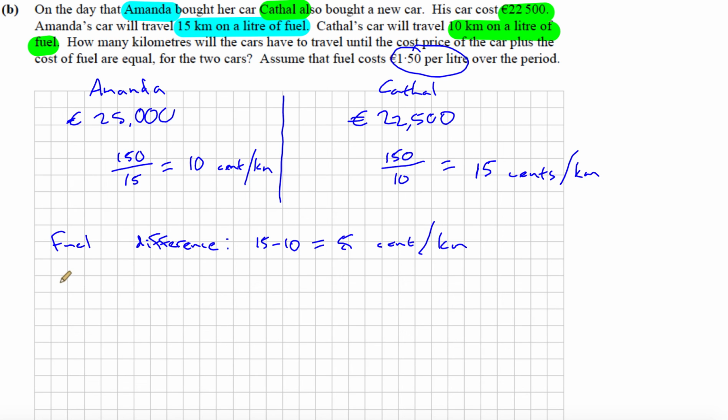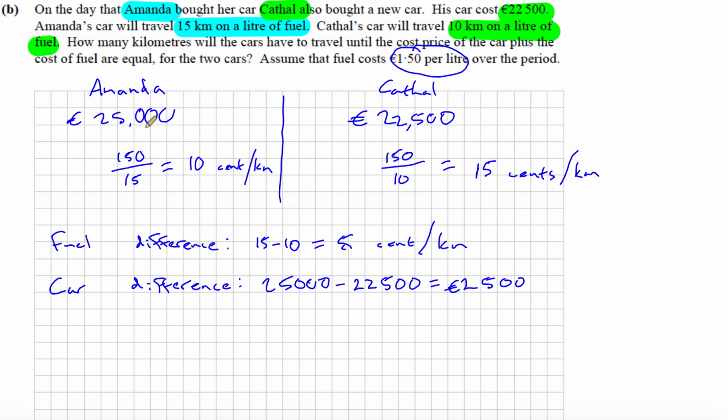The car difference is 25 grand minus the 22.5 grand, which gives us 2,500 euro.